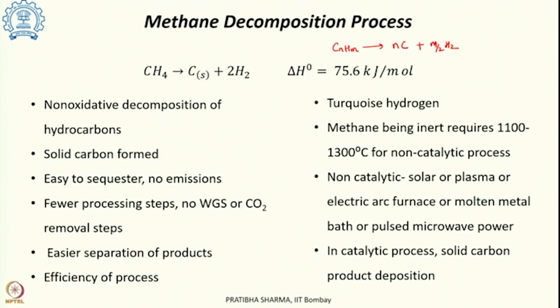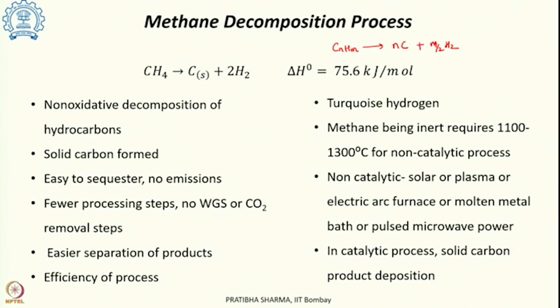The product formed is solid carbon, and this can also have a value and can be used for various other applications. Since the product is solid carbon, it is very easy to sequester and separate as compared to the products in other processes like reforming.